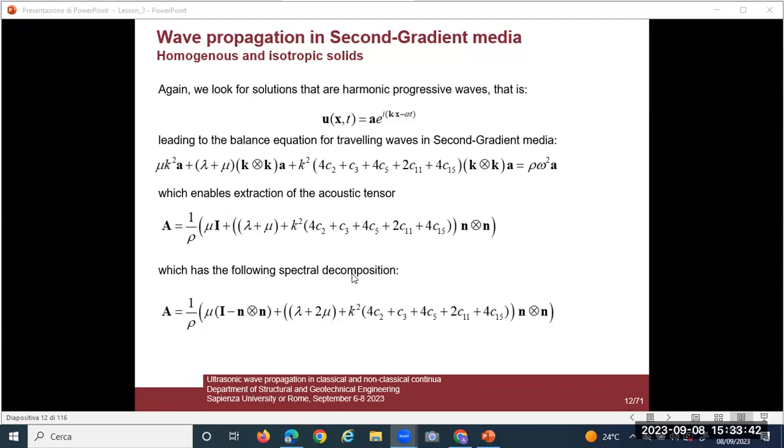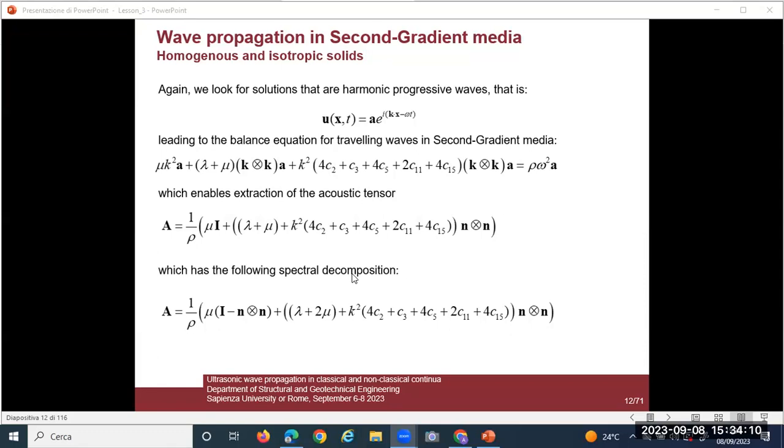You've got just one wave whose displacements are in the same direction as the normal to the plane of the wavefront, and another wave whose displacements are contained in a plane which is orthogonal to the normal of the wavefront.